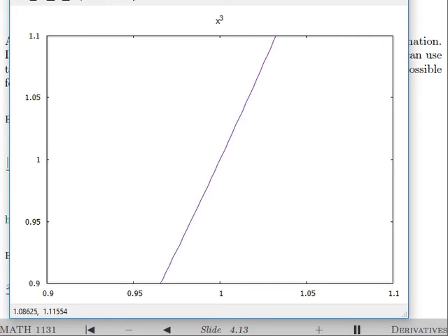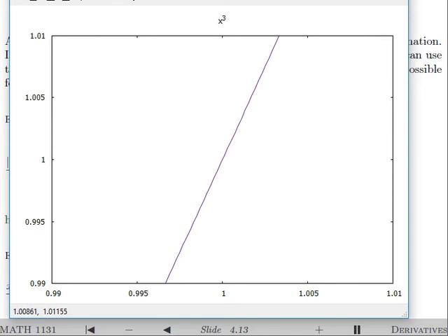But if I zoom in by another factor of 10, even with a ruler, you won't be able to tell that this is not a straight line unless you know the equation. This is basically what happens with all differentiable functions. You select a point where it's differentiable, keep zooming in, the graph eventually will look like a straight line, and the slope of this straight line, or approximate straight line to be precise, is the derivative.